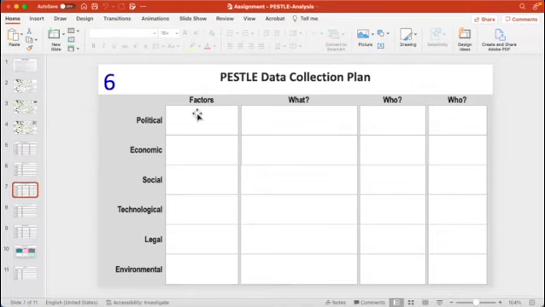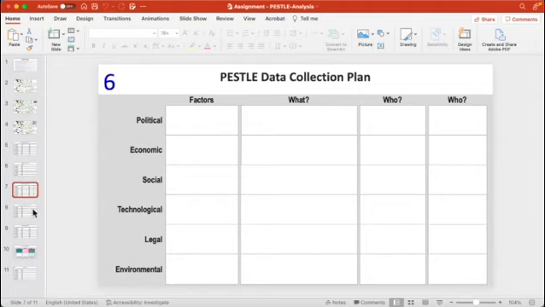So this is like a Microsoft Project Gantt chart, where we have the tasks, and then we also have the deadlines. Here, you're talking about the factors and what, and then also who is going to deal with that. If you don't have anyone, you can leave them blank. It's okay to me. I'm giving you a tool that's being used by corporations.